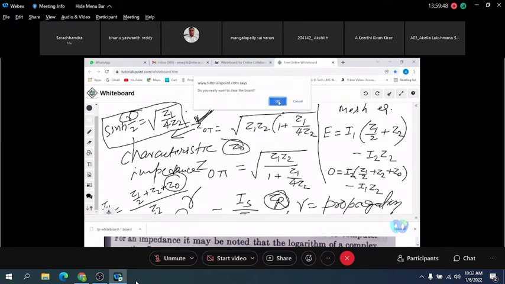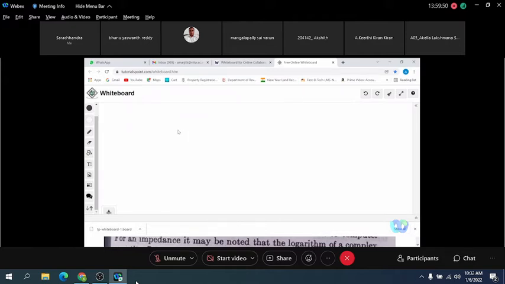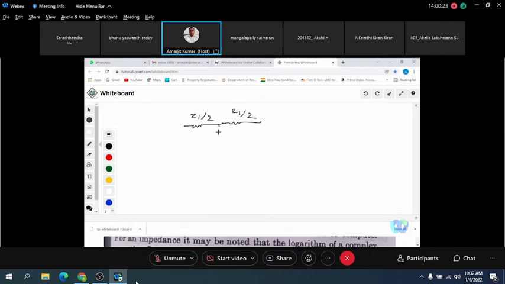So now the question is, suppose we terminate the symmetrical network in the impedance ZR. Initially we had this as Z1 by 2, Z1 by 2 and Z2, and this was terminated.